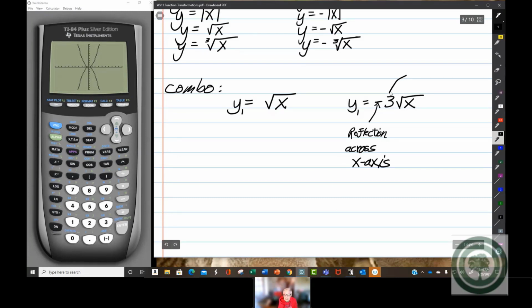And the 3 is a vertical stretch. So don't get trapped. That's a very common error.